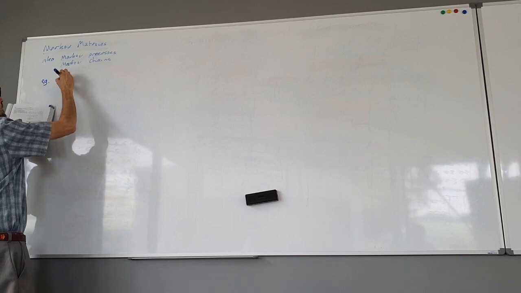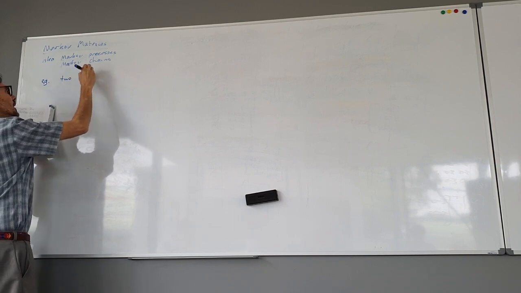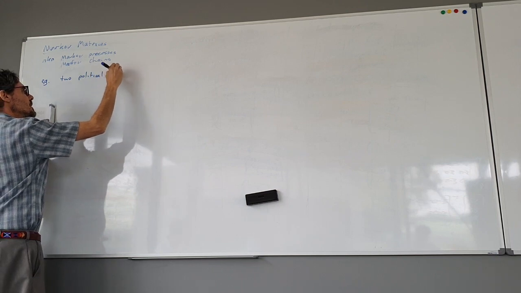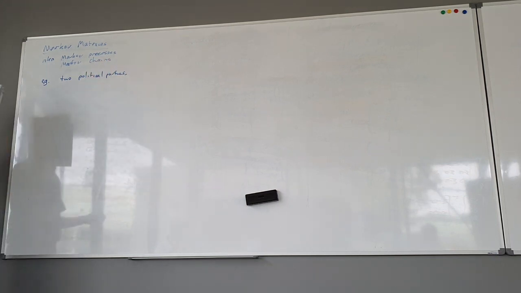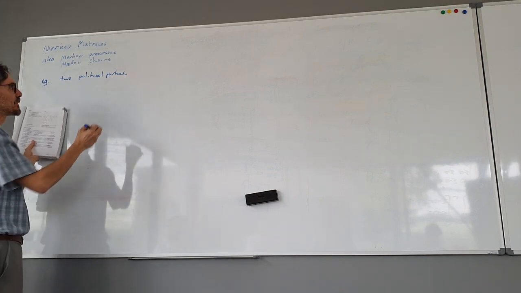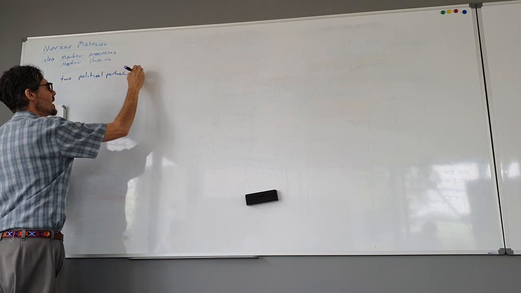What do I want to call my political parties? A and B? Or do you want to use the textbooks, progressive and conservative? A and B. Okay.